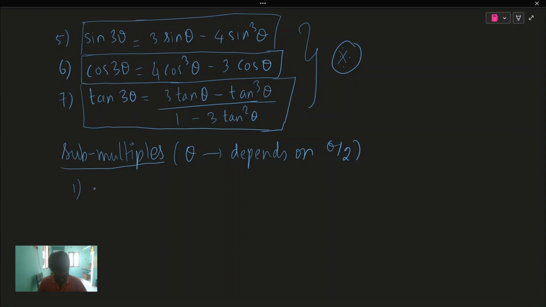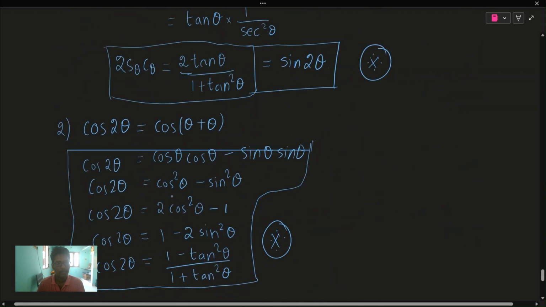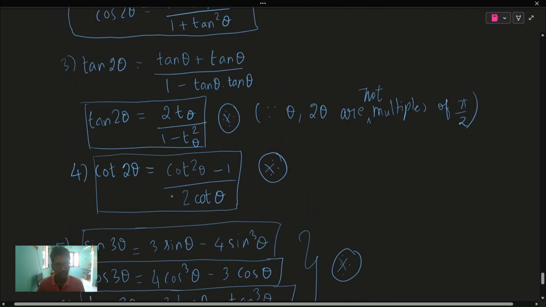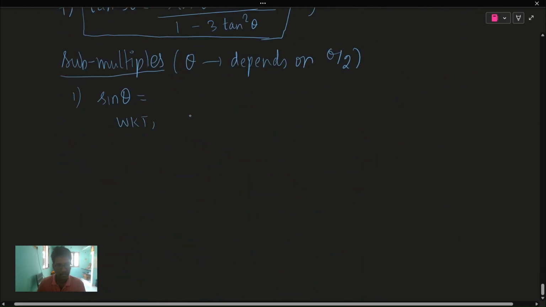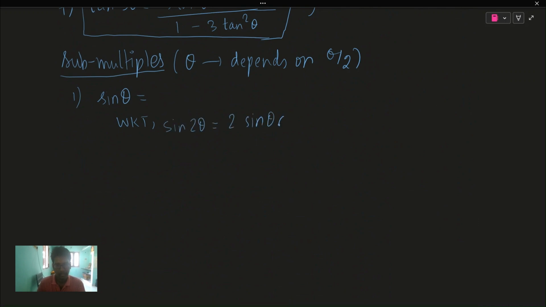So now let's see how sine theta behaves. We all know that from the equation sine 2 theta equal to 2 sine theta cos theta, right?